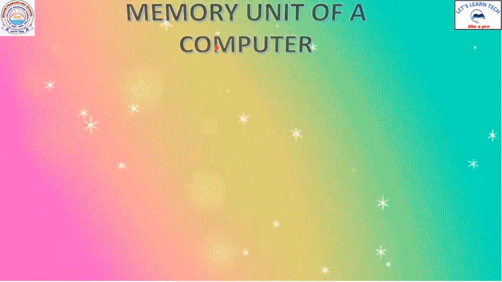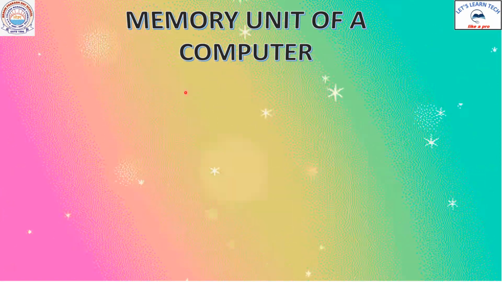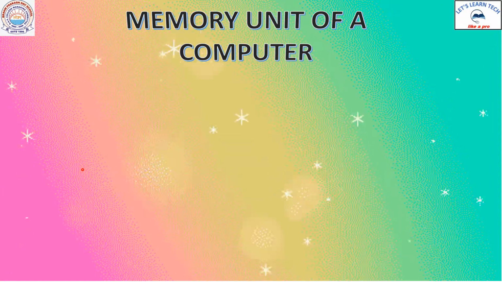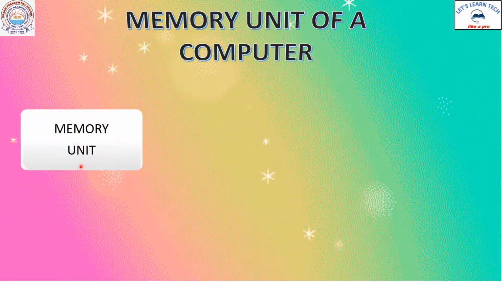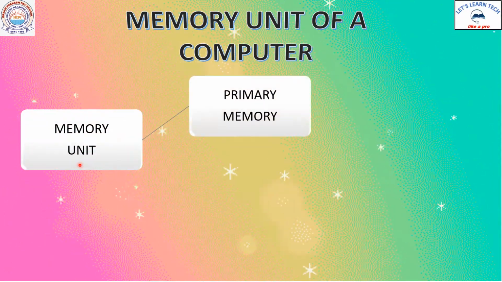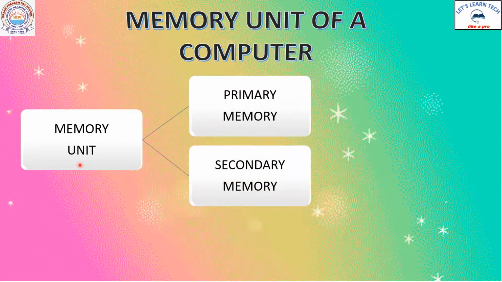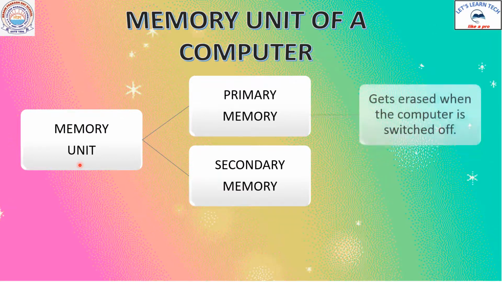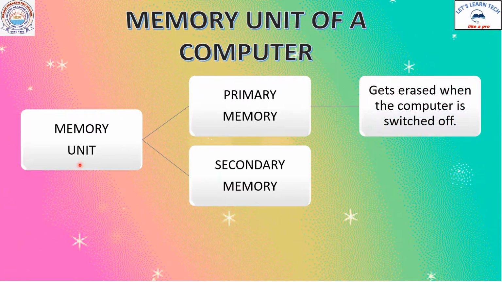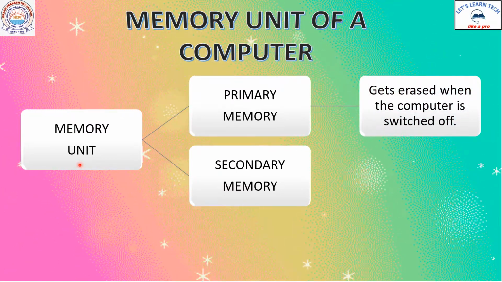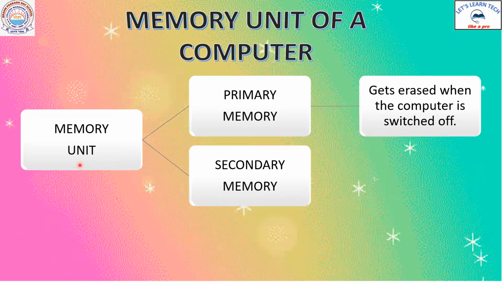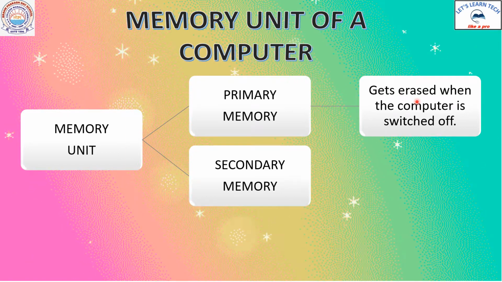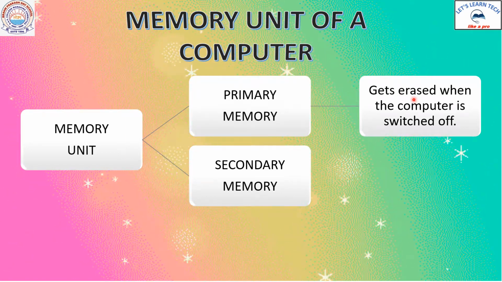Here comes the memory unit of the computer. The memory unit is divided into two types, primary memory and secondary memory. Now what happens with the primary memory? In the primary memory, whenever the computer is switched off, the data gets erased. For example, you are working on a Word application and you started typing your answers.